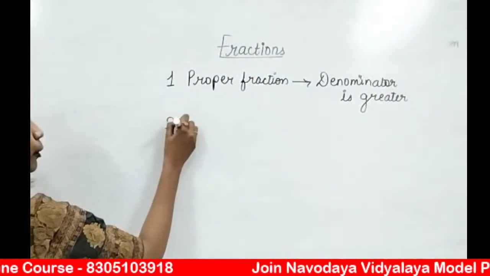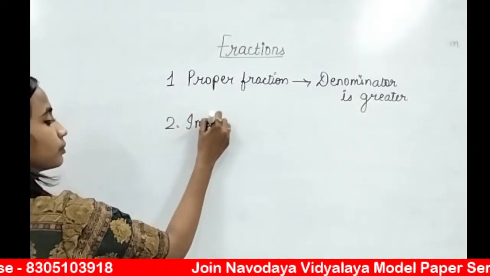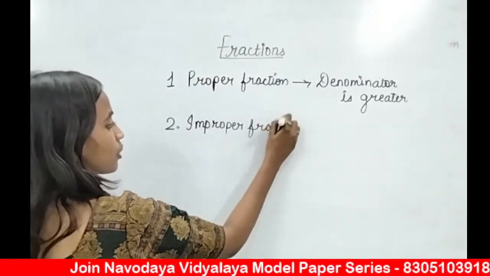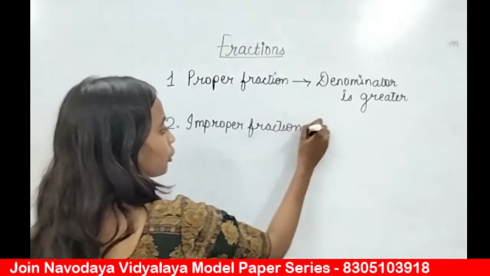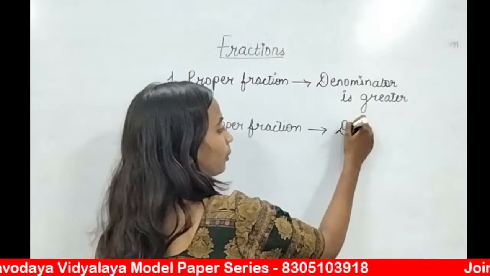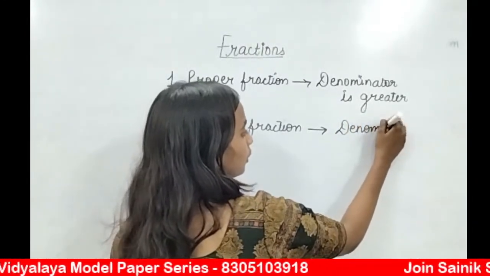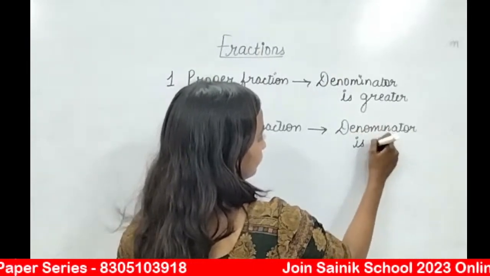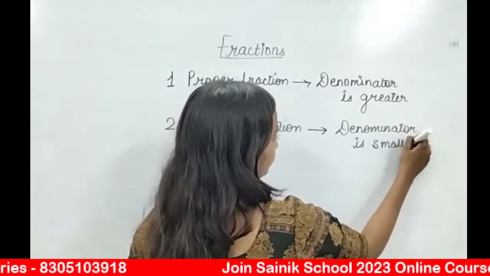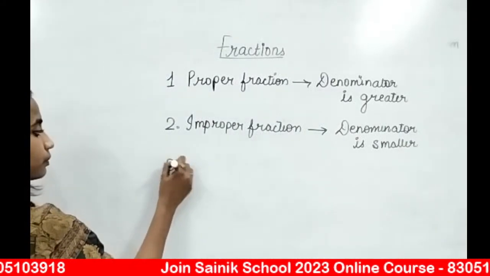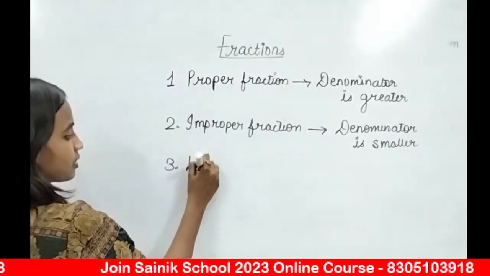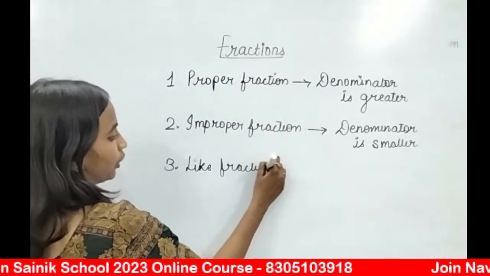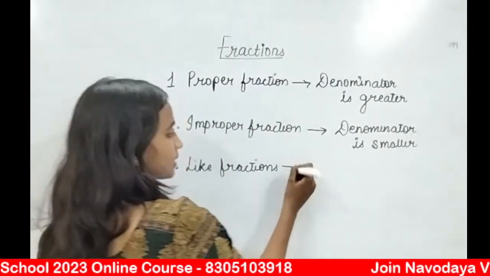What happens in the improper fraction? The denominator is smaller. Just the opposite of proper fraction. Third, like fractions. What happens in the like fraction? Denominators are same.